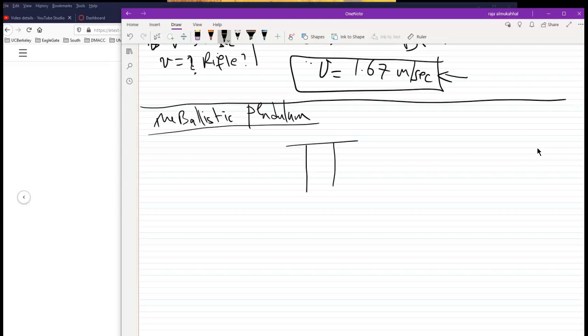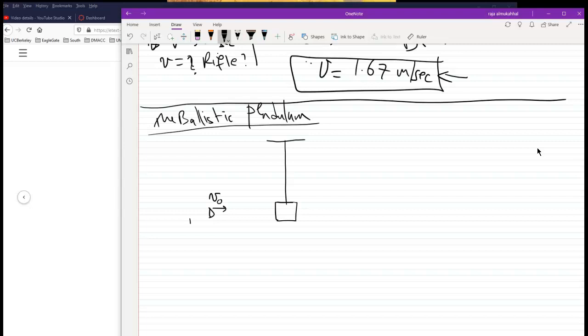I'll make it one chord, because the one I witnessed with our professor was two chords, but let's just make it the way the book looks. Here is the cable, and you've got a block of wood here, a three-dimensional block of wood. Here's the bullet. You shoot the bullet with some unknown velocity. This is what we want to measure, V naught.